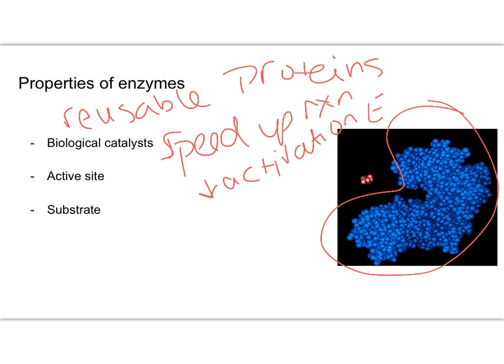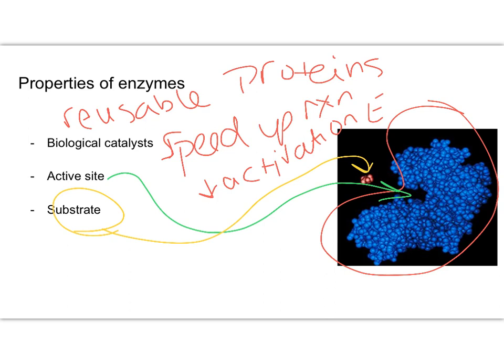If y'all remember from freshman year, they have an active site. You can see the active site on this enzyme right here. The active site is where the substrate is going to bind. So our substrate in this example here is this little red molecule. So the substrate is what will bind to the enzyme, and the active site is where it will bind to the enzyme. And remember, our enzymes are substrate specific.